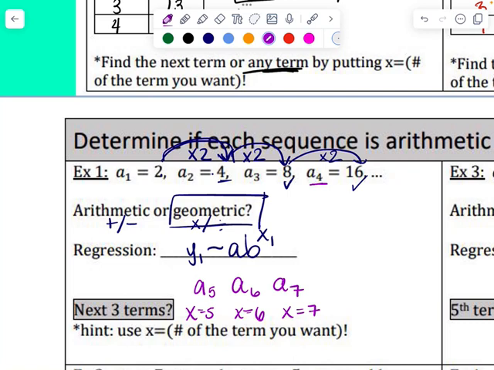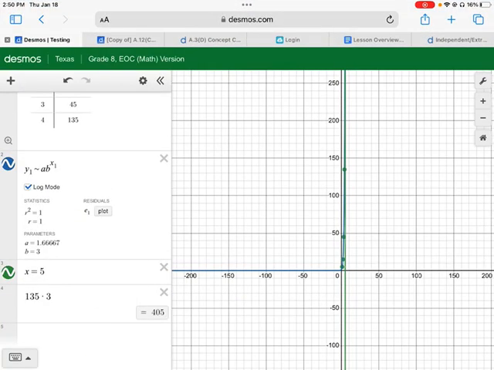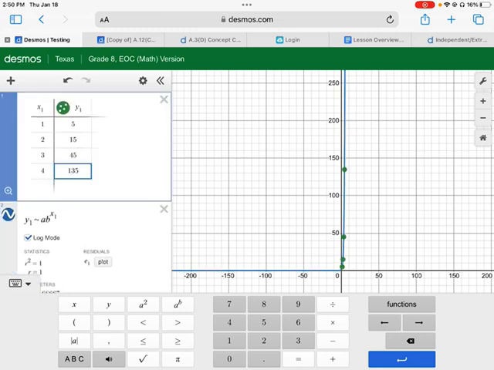But I'm going to do this one at a time, just so it doesn't get crazy on my screen with a bunch of lines. And my table should look like this: 1, 2, second term is 4, the third term is 8, the last term is 16. Okay, I'm going to go to my Desmos and I'm going to put those numbers in. And we said this is exponential, so I'm just going to leave that there.